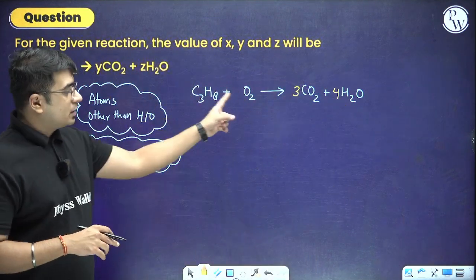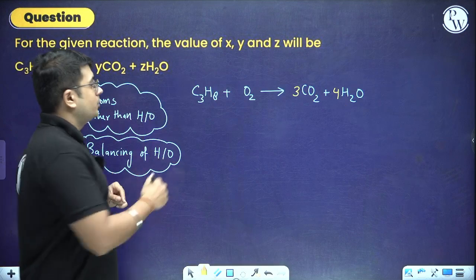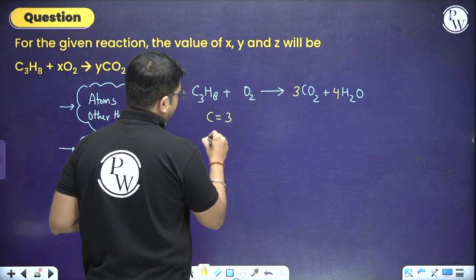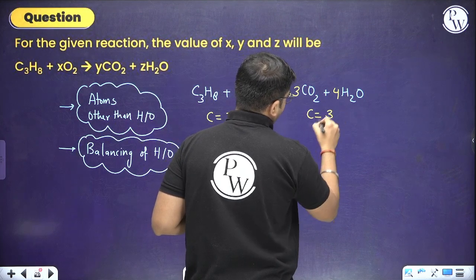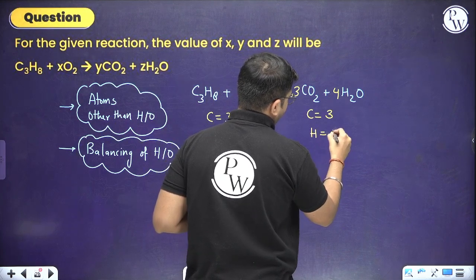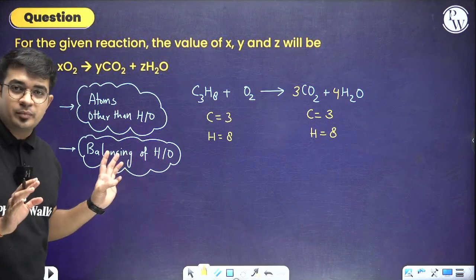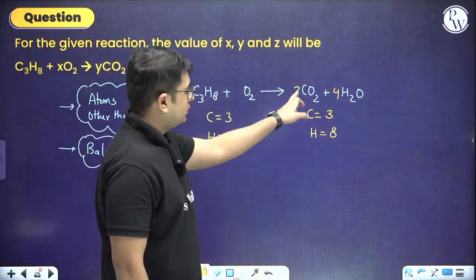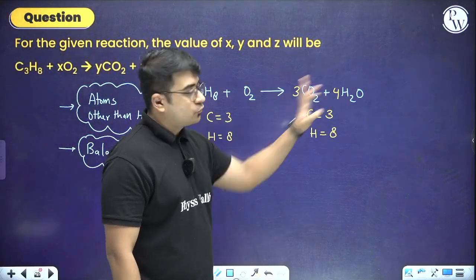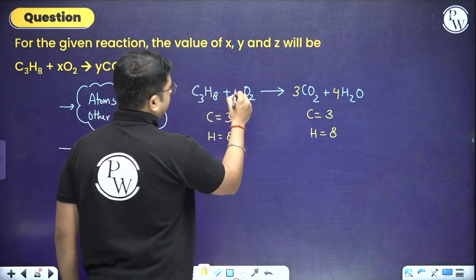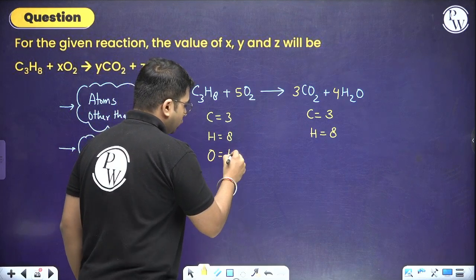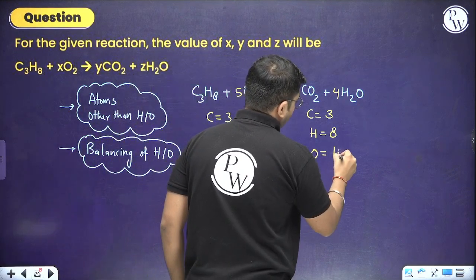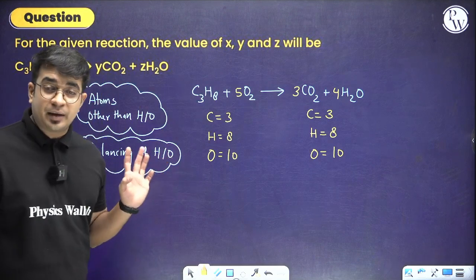Now you can see carbon is balanced, hydrogen is balanced, because carbon on this side is 3, hydrogens are 8, and on that side carbon is again 3 and hydrogen is 8. So this part is balanced. Now just look at the oxygen. 3 2s are 6 plus 4, total 10. It means I am multiplying O2 with 5, 5 2s are 10. Now oxygens are 10 on this side and 10 on this side. Now this is a balanced chemical equation.